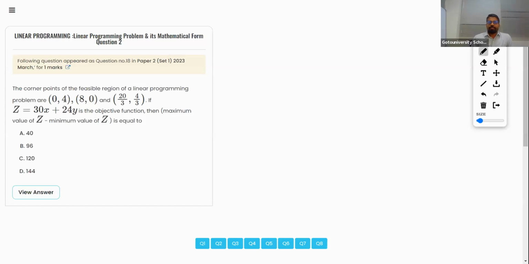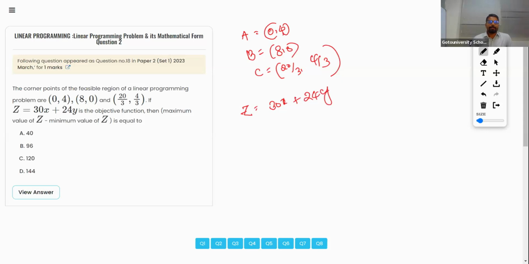The corner points we have here are A: 0, 4; B: 8, 0; and C: 20 by 3, 4 by 3. Our objective function is 30x plus 24y, and we want the maximum value. If you substitute A, z is equal to 30 into 0 plus 24 fours are 96.